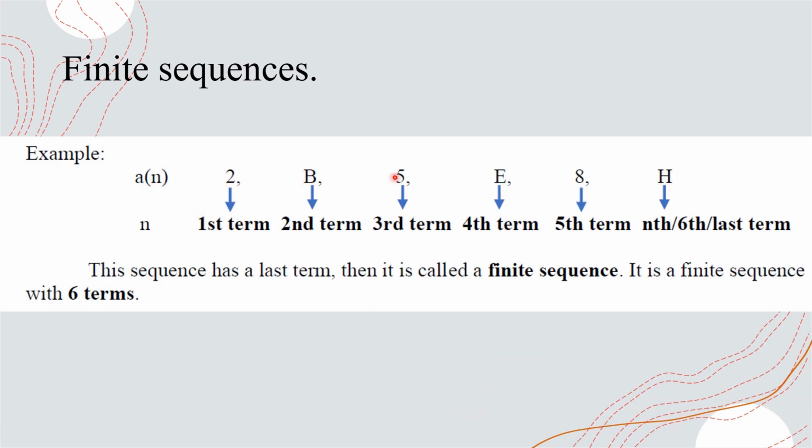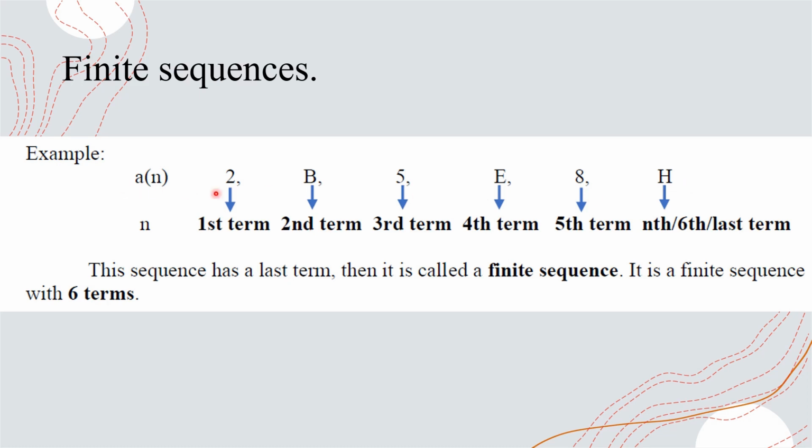So itong mga nakikita nyo dito, 2, B, 5, E, 8, H, tinatawag natin silang terms. Okay? And as you can see, merong mga patterns sa terms natin. So, hindi lang basta maglalagay tayo ng term. Kung ano yung gusto nating ilagay na term, hindi po ganun. Dapat meron siyang specific pattern.